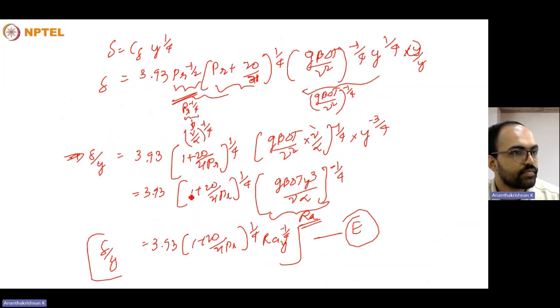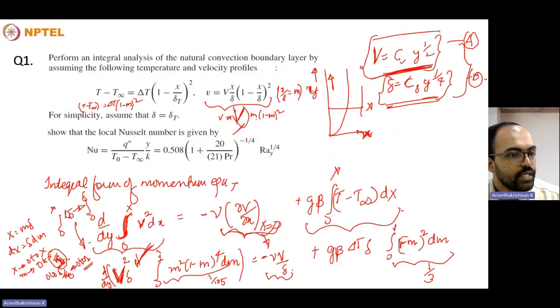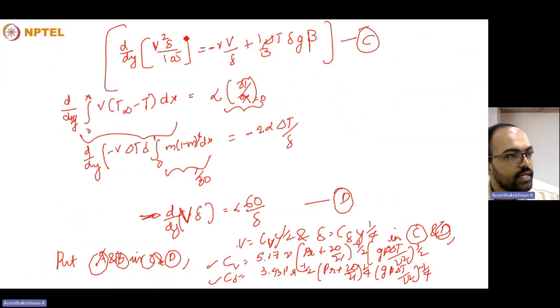From that scaling analysis, what we obtained was that velocity is a function of C_V y raised to 1 by 2, the square root, and for the free convection case, delta is a function of y raised to 1 by 4, but there will be two constants. So instead of this capital V, we substitute the value of these two, and delta also in terms of y, and we get two equations in terms of y.